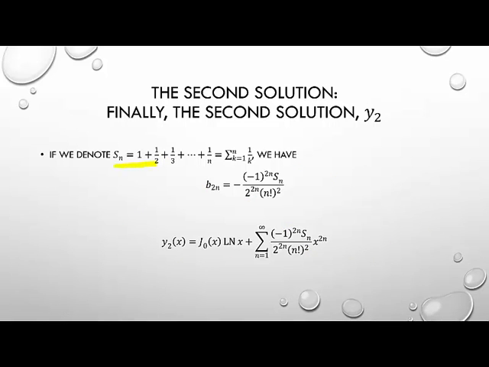Now if we denote this sum, 1 plus 1/2 plus 1/3 plus all the way to 1 over n, as S sub n, then we can replace that sum that we have with just S sub n. And so now that we have a pattern for our b's, we can put it back into the second function, where you have y1 times ln x plus the sum with the b's in it, and this is the b sub k.